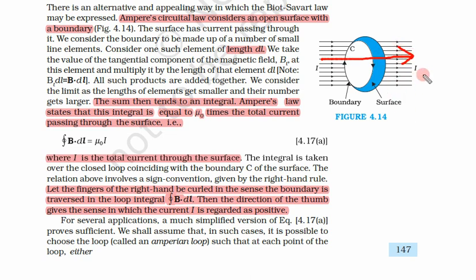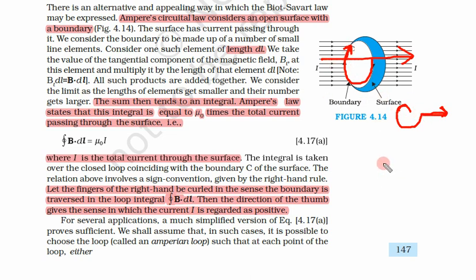If your right hand thumb is in this direction, what would be the direction of your fingers? Your fingers would be in this direction. So this is the direction of the magnetic field.